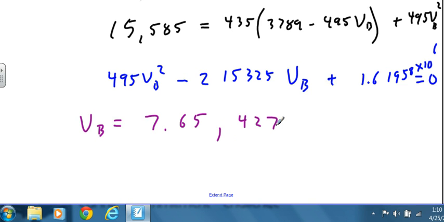So I put something in wrong. What did I put in wrong? 495 minus 215325 and 10 to the 6th. What am I doing wrong? Solve.